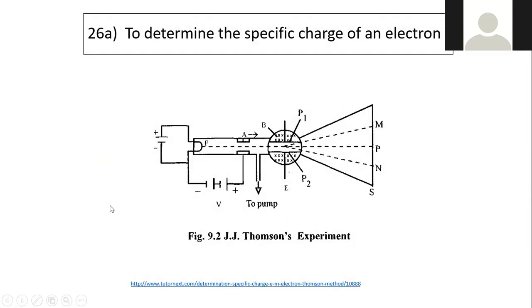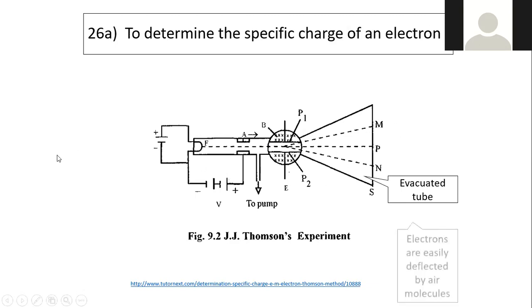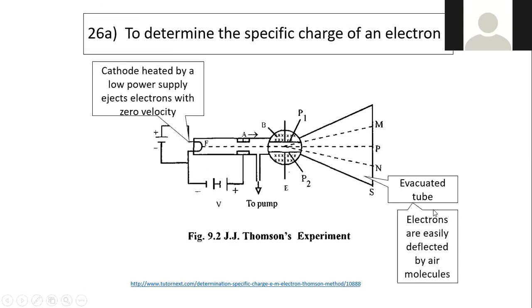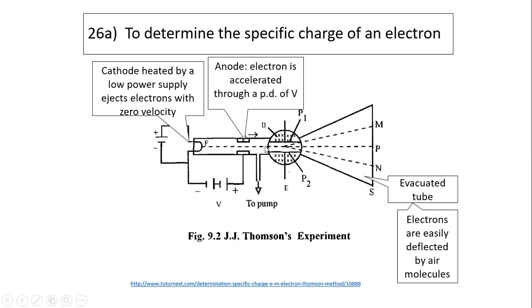And to determine the specific charge, the charge to mass ratio, we have an evacuated tube. This whole thing is an evacuated tube, where the electrons are deflected by the electromagnetic field here, and we see a spot on the screen there. This is the low power supply.